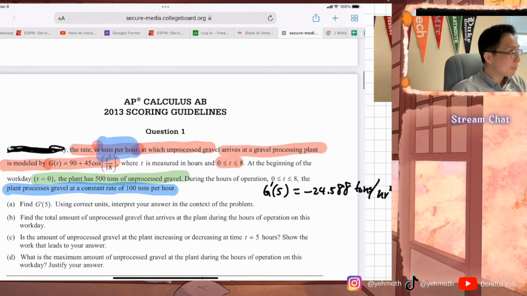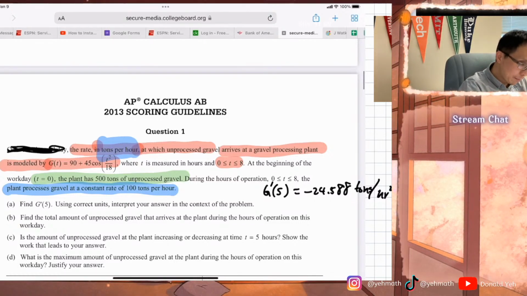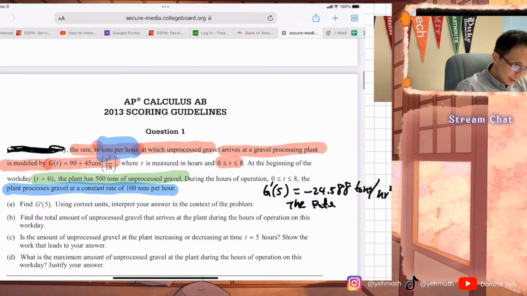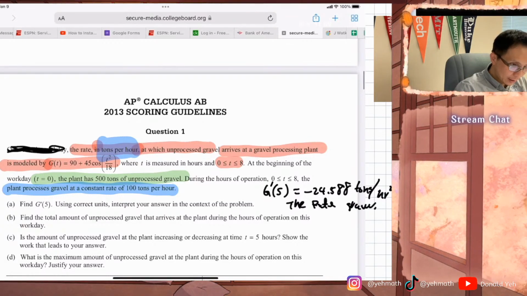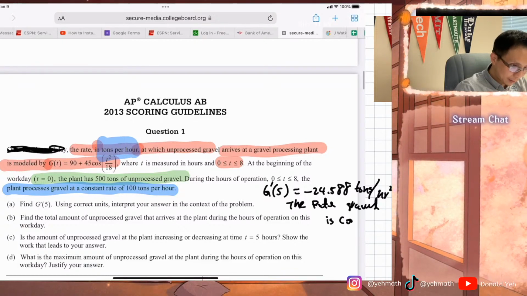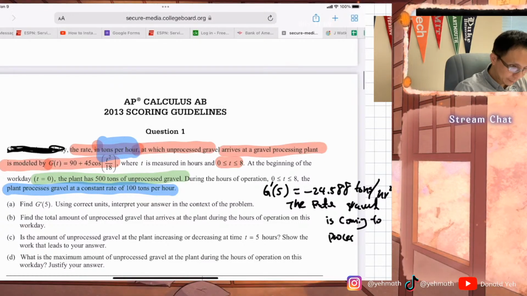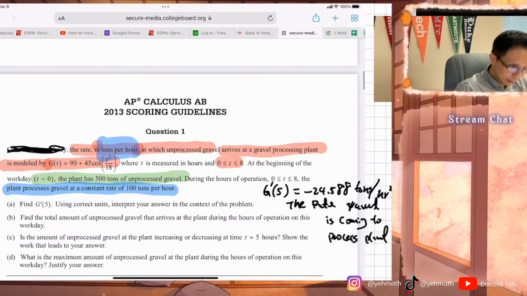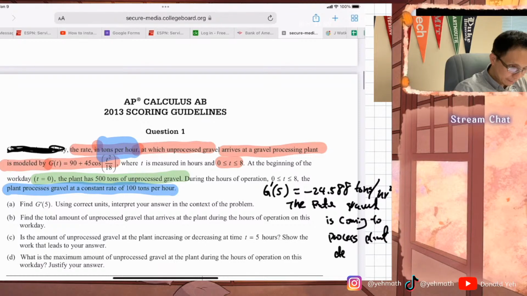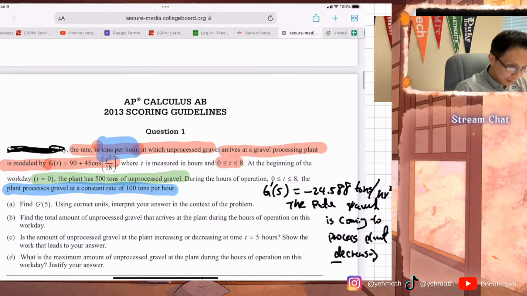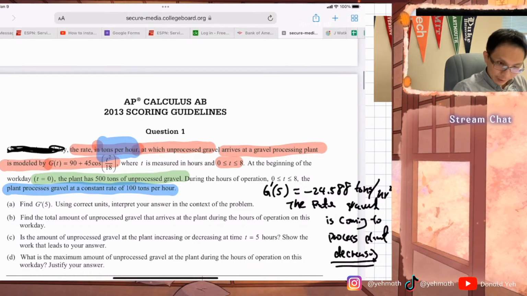So what is this implying? It means the rate at which the gravel is coming to the process plant is decreasing. Why is it decreasing? Because it's negative, right?